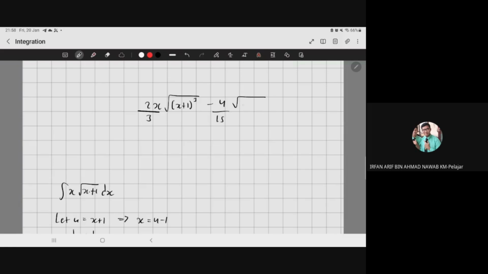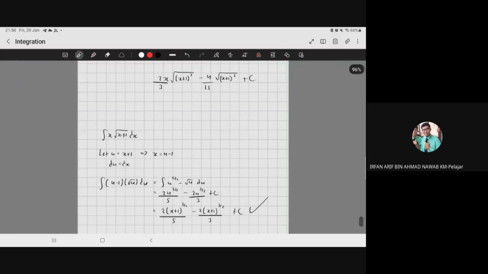Ni memang sama macam saya buat tadi, x plus 1 plus c. Okay. Sekejap. Ke saya terlupa tentang sesuatu? Sudah. Sekejap. Okay.